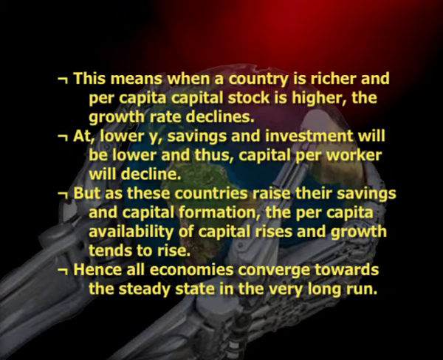At lower income, savings and investment will be lower and thus capital per worker will decline. But as these countries raise their savings and capital formation, the per capita availability of capital rises and growth tends to rise. Hence, all economies converge towards the steady state in the very long run.